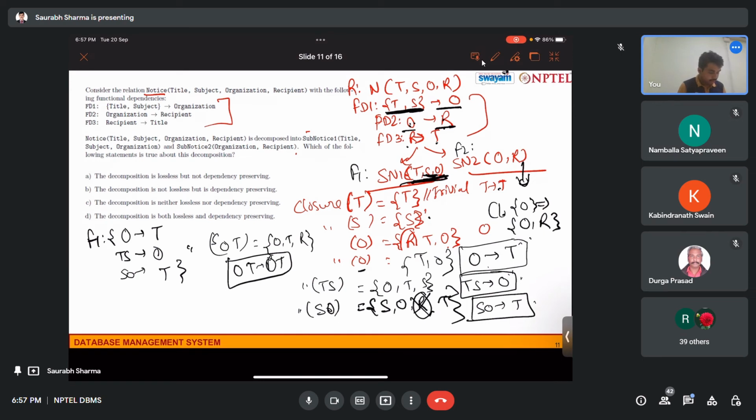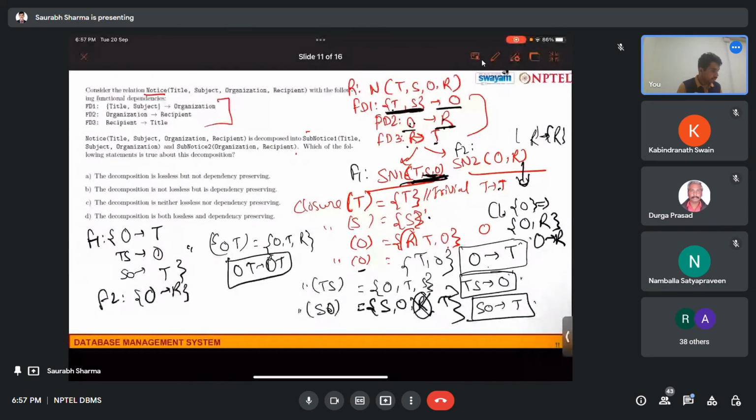From here we take O derives R. And from R, if we take closure of R, R will go to T, T will not be able to go anywhere individually, so there will be R only. So there is a trivial relation, R provides R, and there is one relation that O provides R. From F2 we have got O provides R.